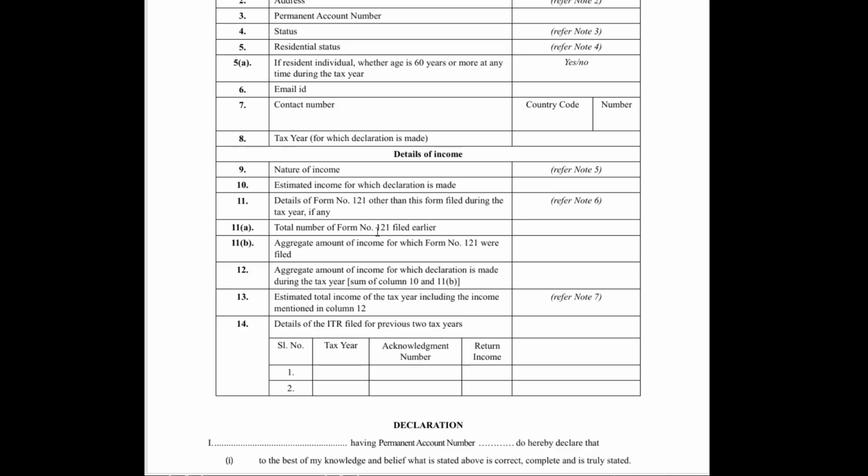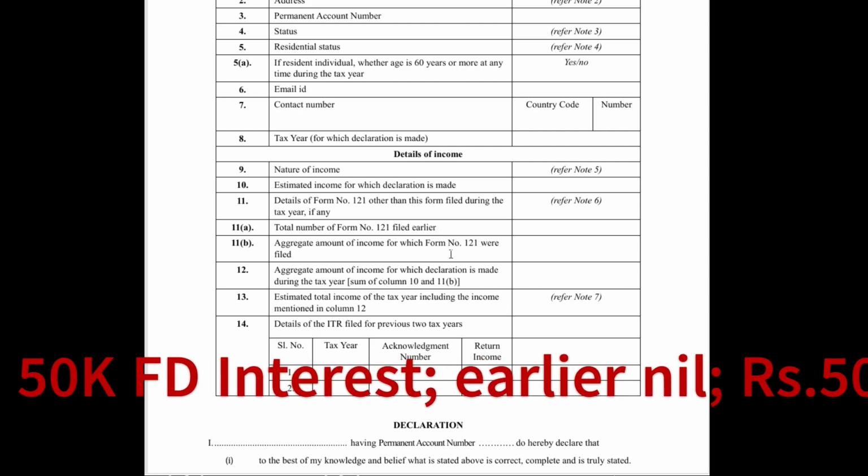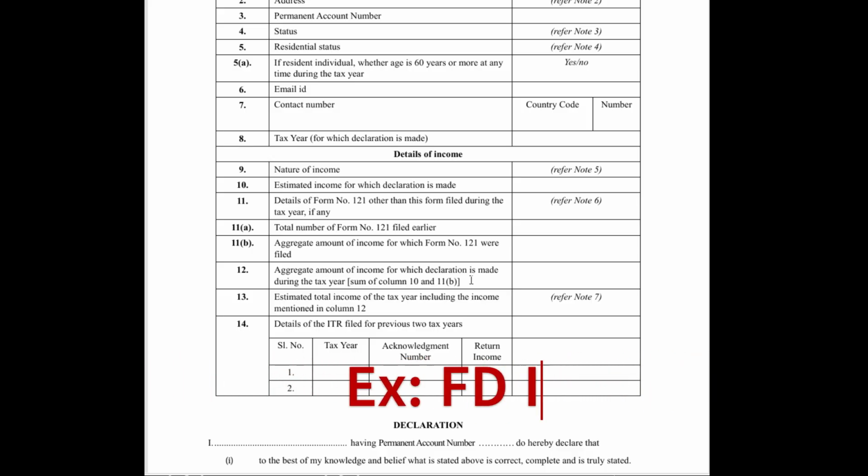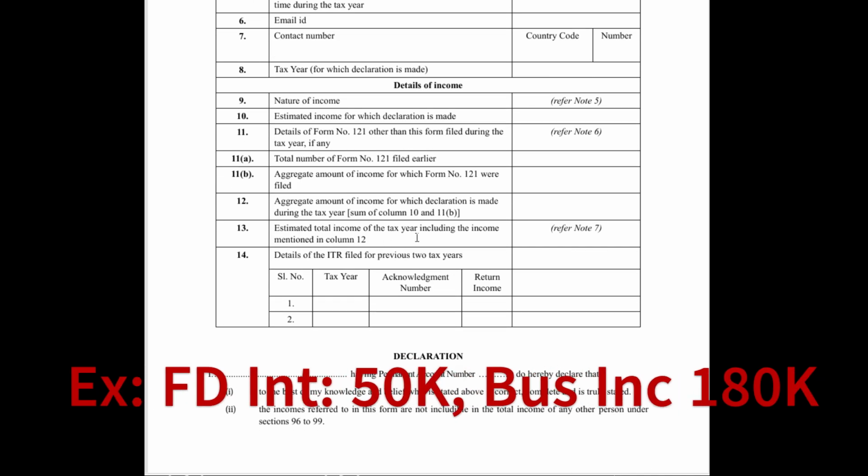The total number of Form 121 filed earlier has to be mentioned, as well as the aggregate amount of income for which Form 121 were filed, and the aggregate amount of income for which declaration is made during the tax year. Then the estimated total income for the tax year, including the income mentioned in column 12.